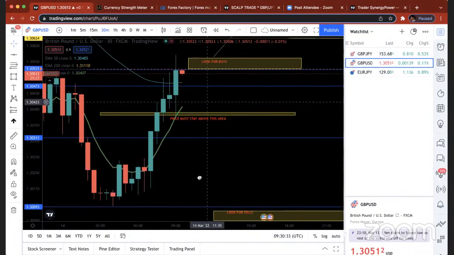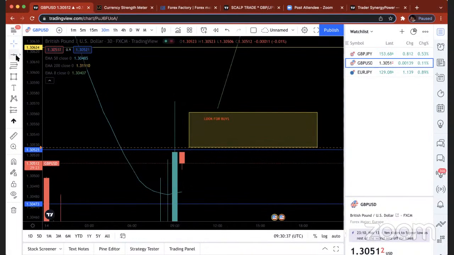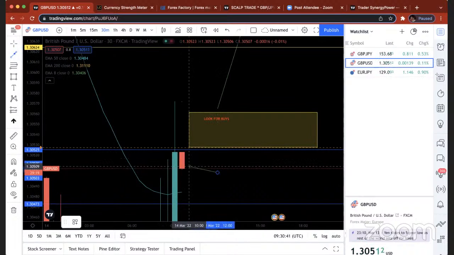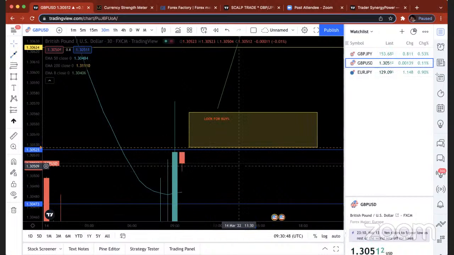So no worries. Now what I want to see for GU, we still can get an entry. It didn't close above, but what I'm looking for now is to see this candle leave a little wick, like how it's doing, and then flip bullish and continue up. So we'll see what happens.